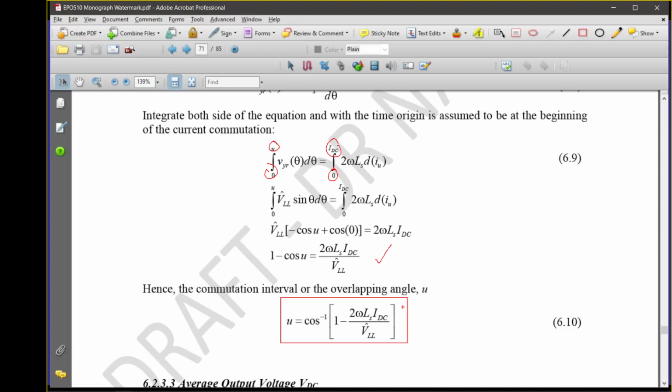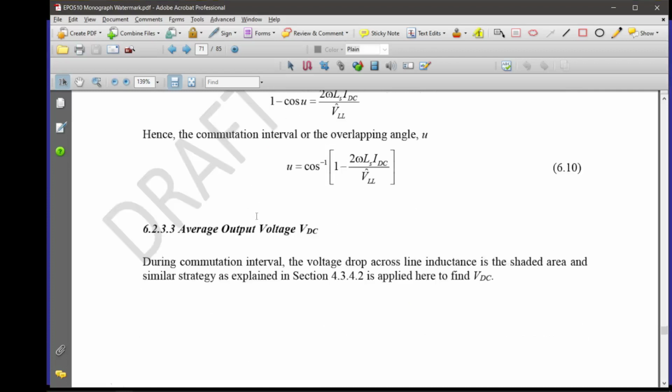Right. Okay. So next is to look into the average output voltage VDC. First, we already know the equation for the output voltage during the overlap. And then next, we know the equation for U, the commutation interval, the commutation angle. And finally, we need to determine the average output voltage VDC.